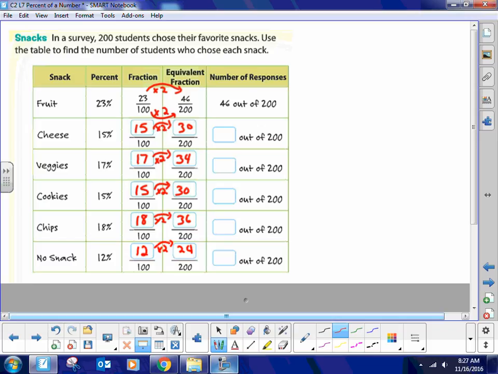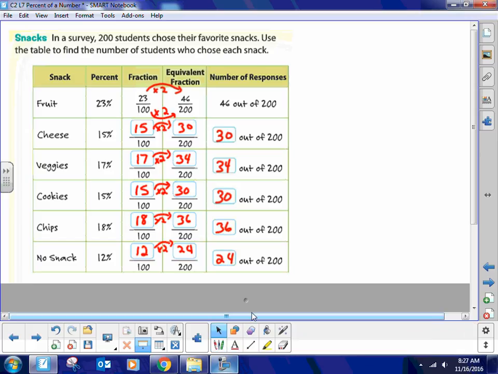Now we fill out the number of responses because that's what they're looking for. As with fruit, we've already figured out the number of responses by looking at our equivalent fraction: 46 over 200 is the same as 46 out of 200. So this is 30 out of 200, 34 out of 200, 30 out of 200, 36 out of 200, and 24 out of 200.